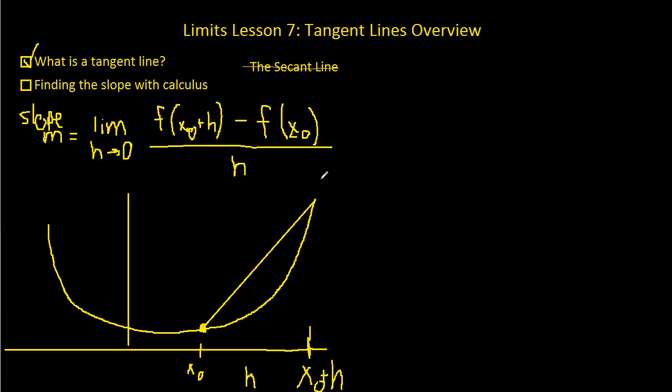This up top, f of x naught plus h minus f of x naught, is the height, and h is our width. So if we have height over width, then you'll see that we're getting our slope. And this is more the rise over run. That's how I learned it. Our rise over our run.